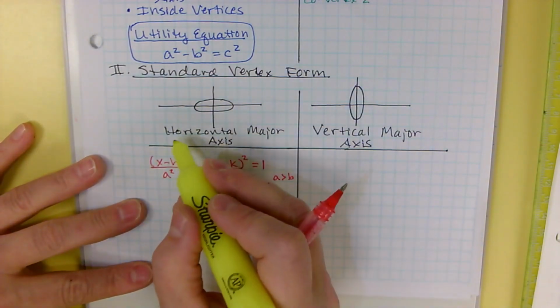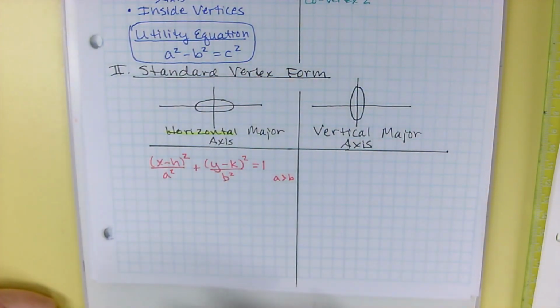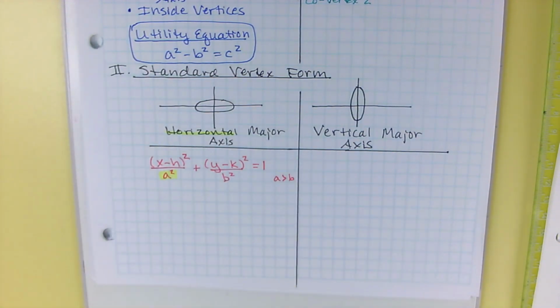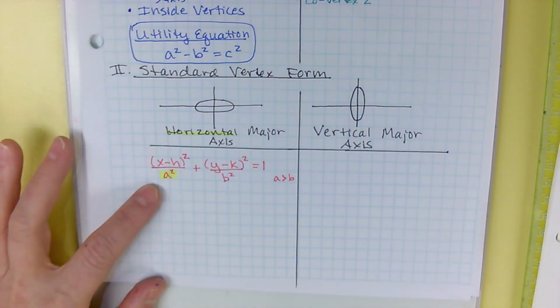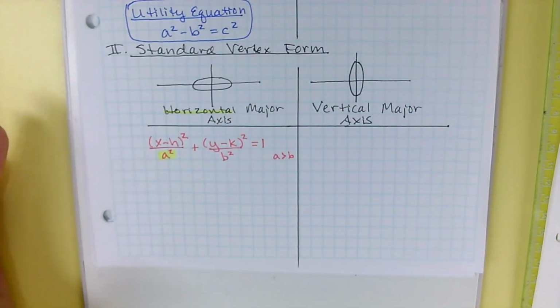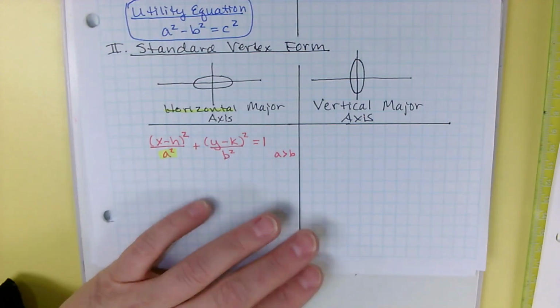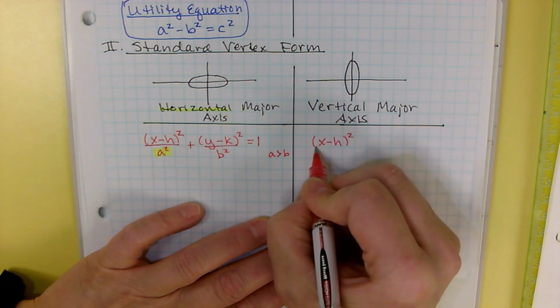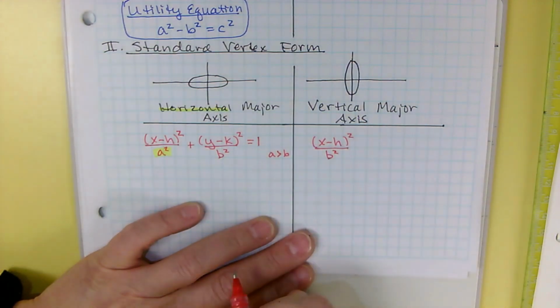So if it has a horizontal major axis, the A squared will be under the X term, which tells you you need to count left and right. So the term it's under tells you which way to count the value. Now, for a vertical major axis, it's also X minus H squared, except it's over B squared.